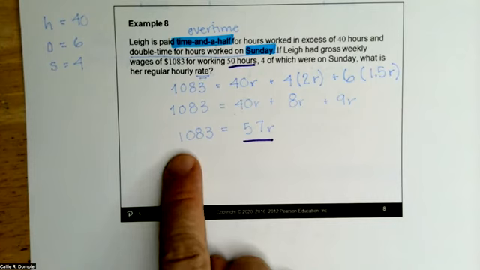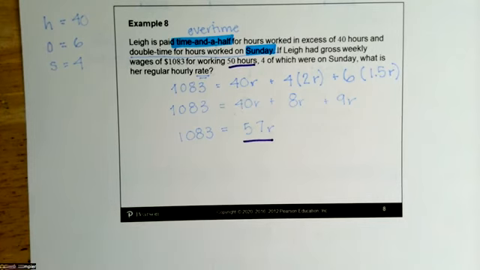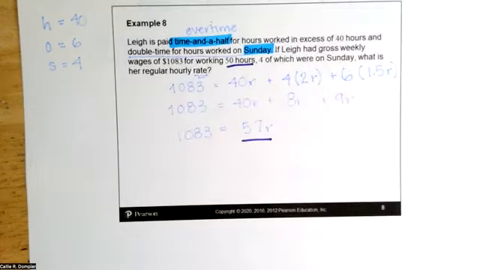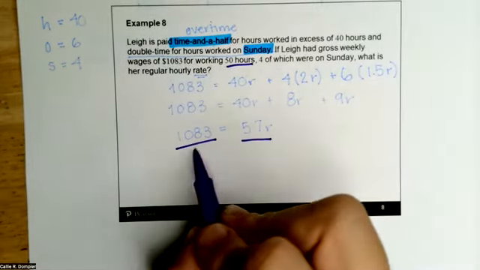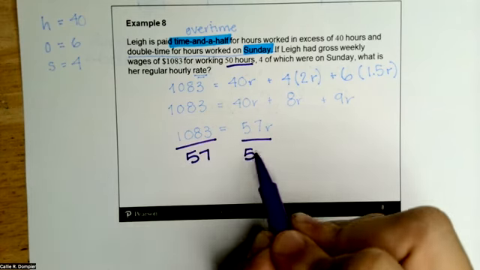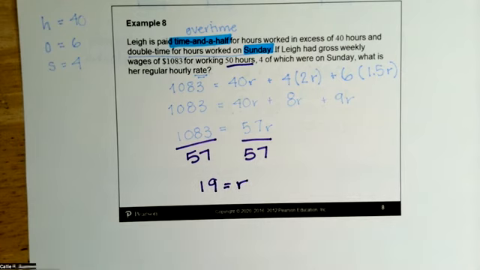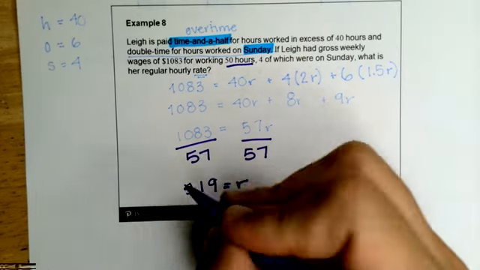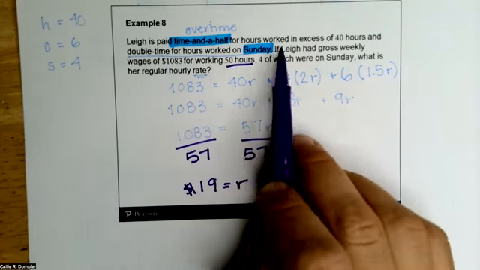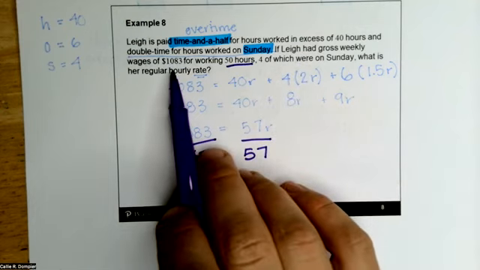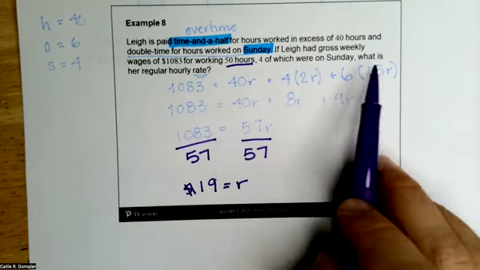Now I just need to take 1,083 and divide it by 57. Her hourly wage is $19 an hour. Does that make sense? She's paid overtime for hours worked in excess of 40 hours, double time for hours worked on Sunday, gross weekly wage of 1,083 for 50 hours.